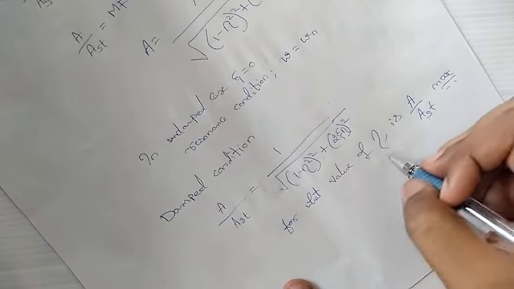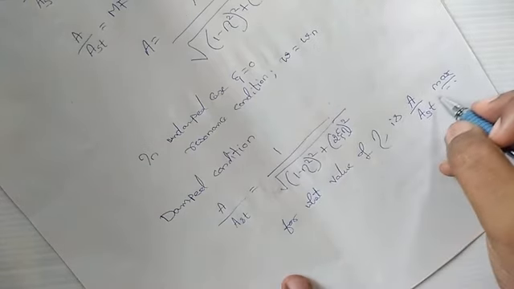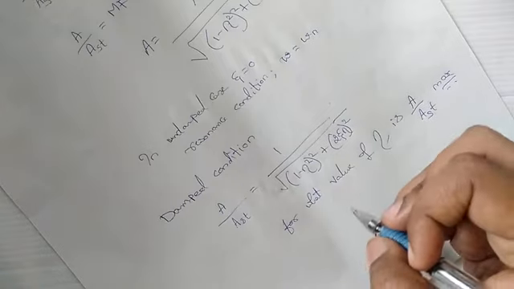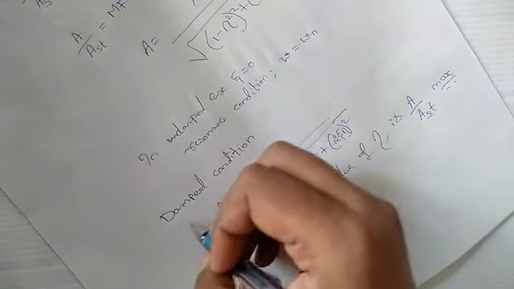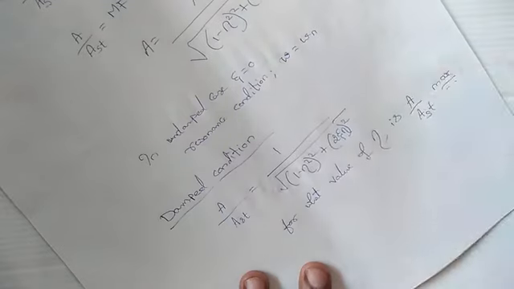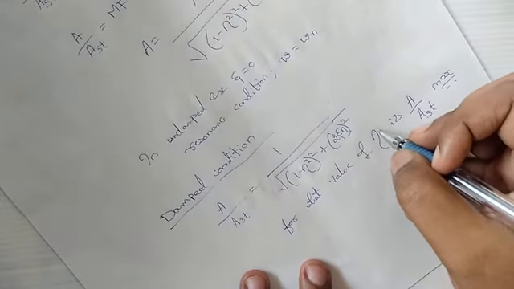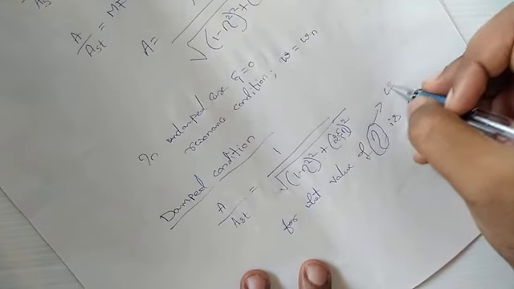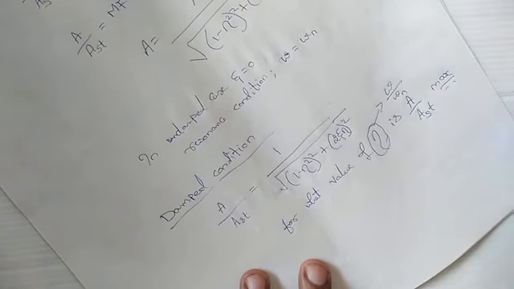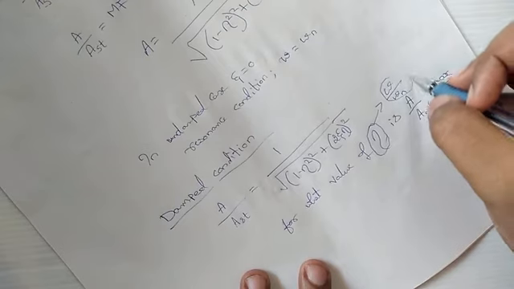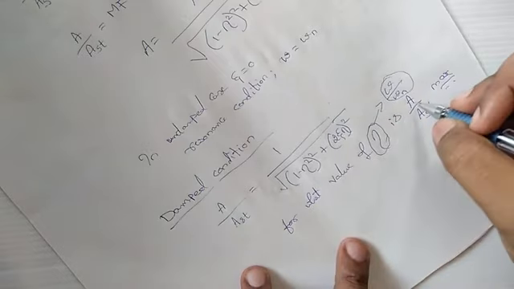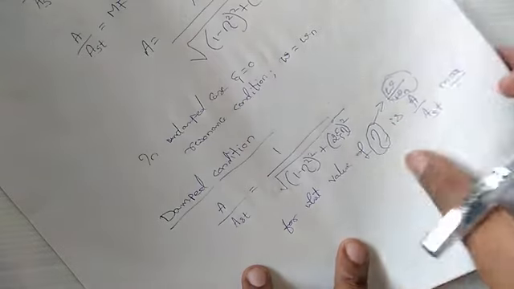That means zeta can vary because it is a damped condition. So we need to find what is the value of eta. Eta refers to omega by omega n. What should be this value to get this as maximum?